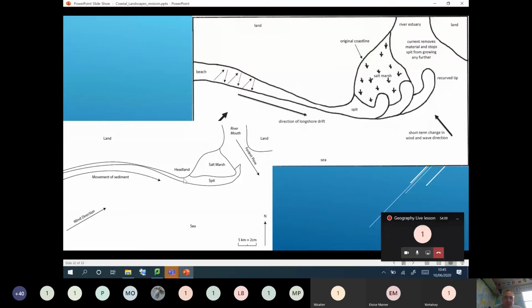Now, what you're then talking about is our spit extending. So we need, again, some evidence. We're saying that our spit is extending into the sea due to longshore drift. What could we use to tell us something about this spit?